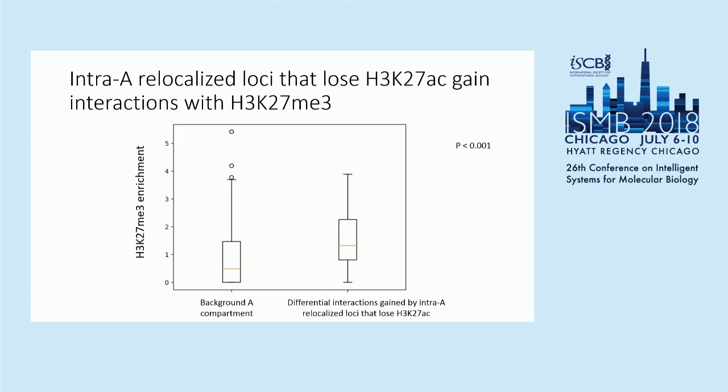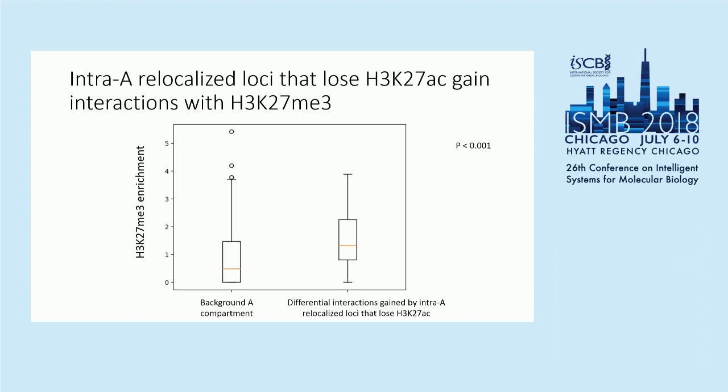And looking at these intra-A relocalized loci that only have one of these H3K27 acetylation peaks in one cell type, so there's a cell type specific loss of K27 acetylation, I wanted to see what was happening to those loci that lose that active mark.